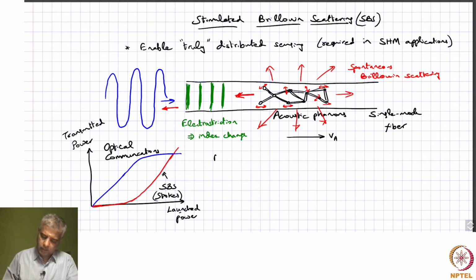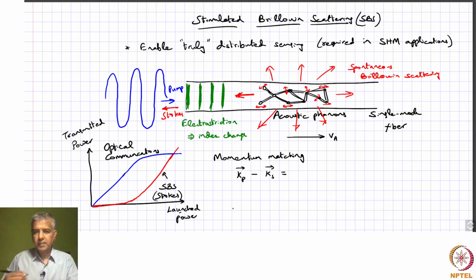So, when we look at the momentum matching condition, we can write it in terms of the wave vector corresponding to the pump and the Stokes. This minus the Stokes is whatever change in momentum between the pump and Stokes, because of the fact that you have these acoustic phonons.